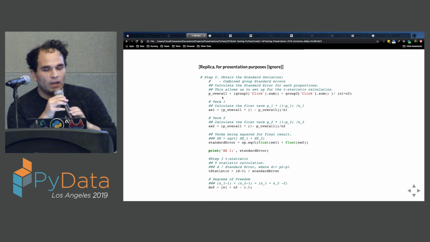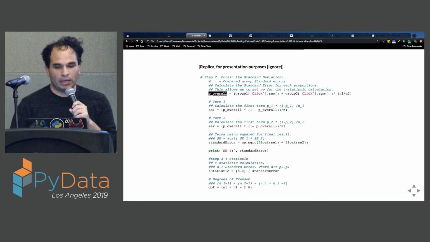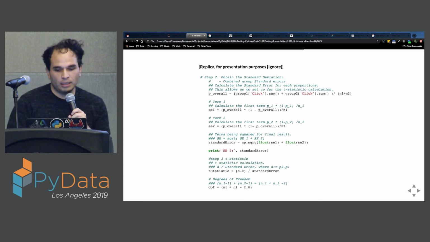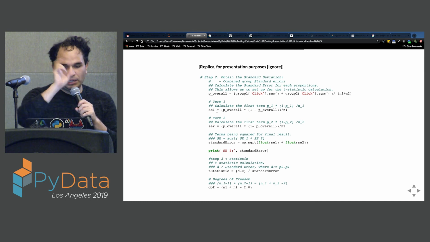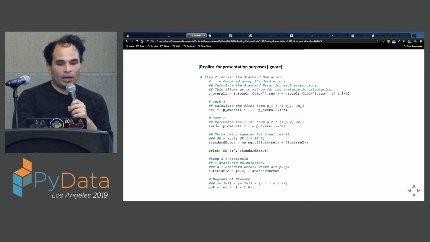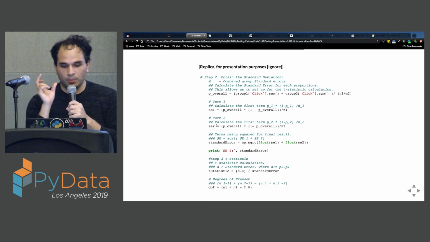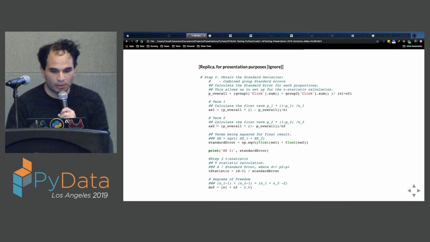On to the next portion of that same function, going down, we would calculate the standard error. Since these values are more under the assumption of independence, we can calculate a p overall. The first standard error portion term within the standard error I showed previously, utilizing p overall, and then we similarly calculate the standard error term within that square root value for the overall standard error.